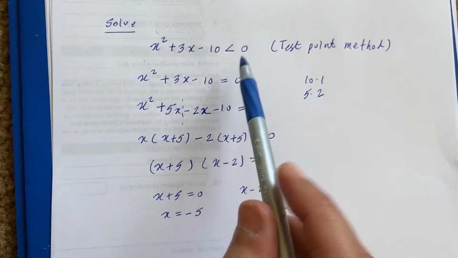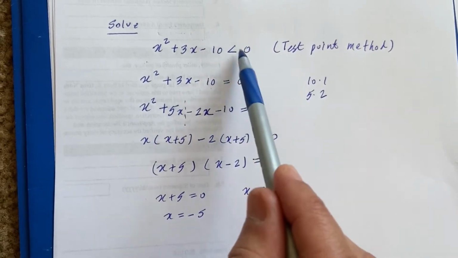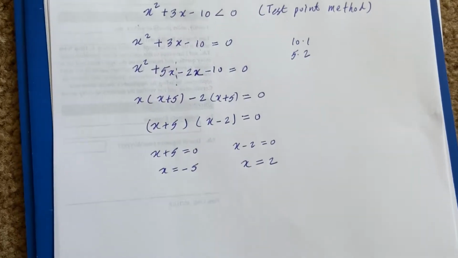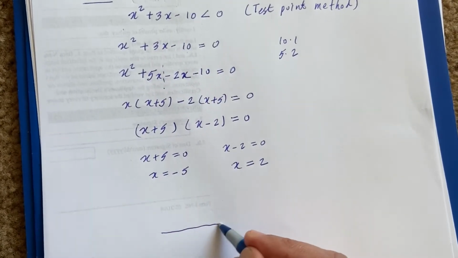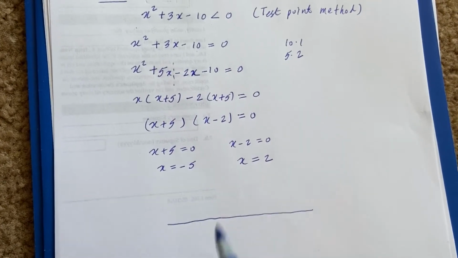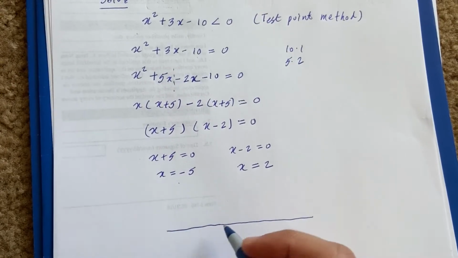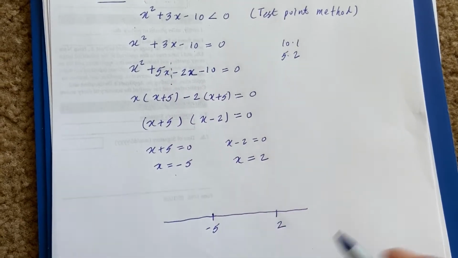But our original equation has an inequality, right? So we have to deal with this inequality. The way to deal with it is that here we're going to make our number line. Since we got x equals negative 5 and x equals positive 2, let's say negative 5 is somewhere down here, 2 is somewhere down here.